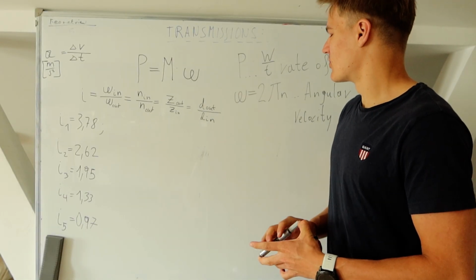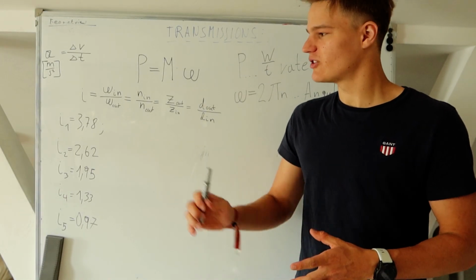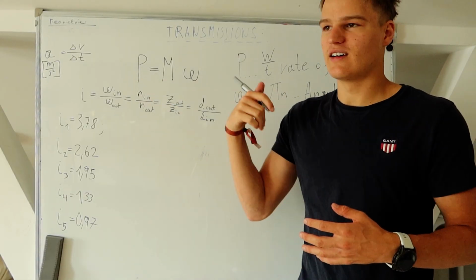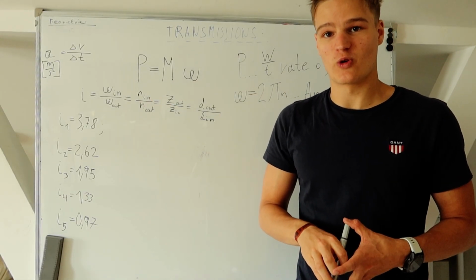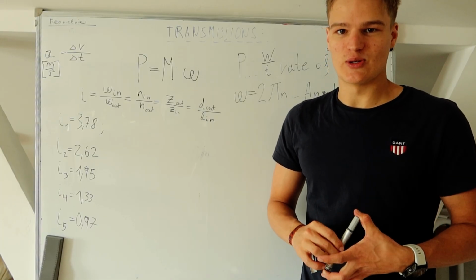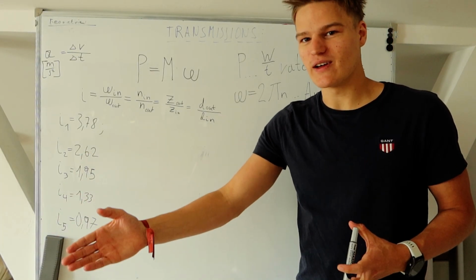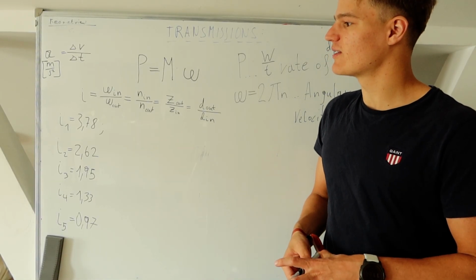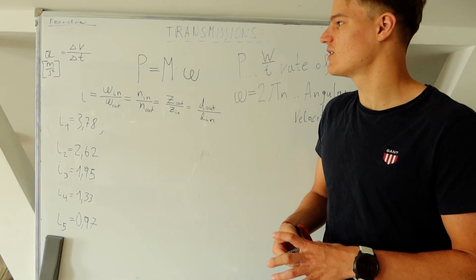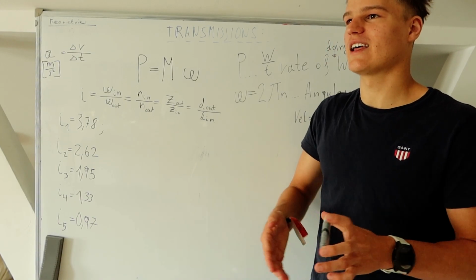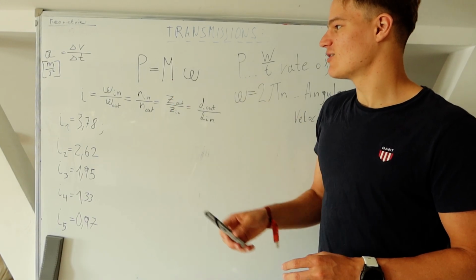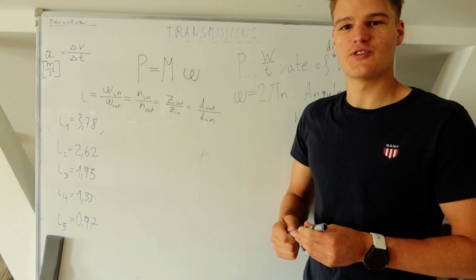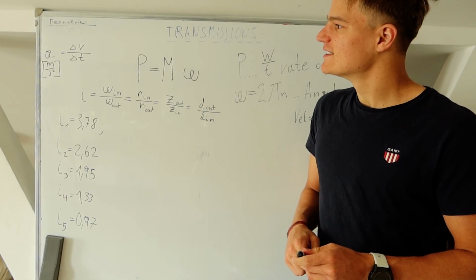Yeah, I think this is a very important thing to know, and you do not have to remember all of this, but maybe just think that this is the formula after which these transmissions work, and that is the reason also why you accelerate slower on the highway, why you can accelerate faster when you're driving away from a light, because your torque is higher and your angular velocity is lower, and of course a constant performance P.